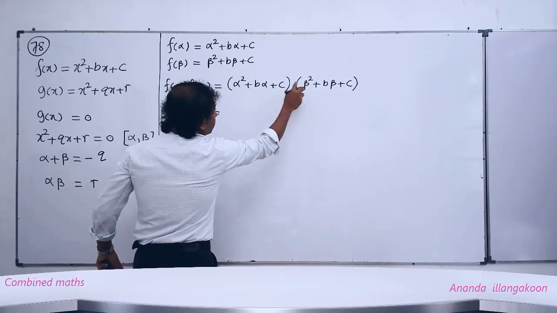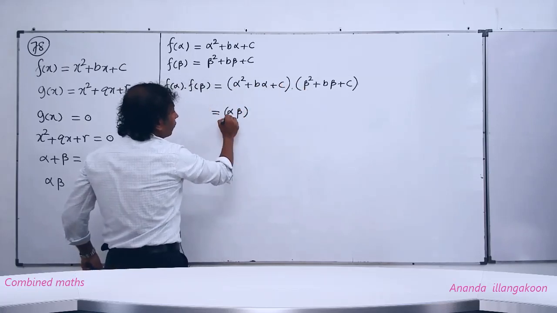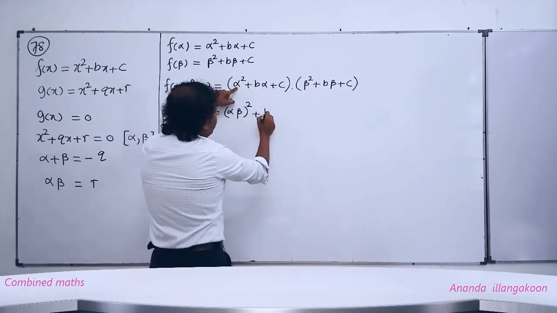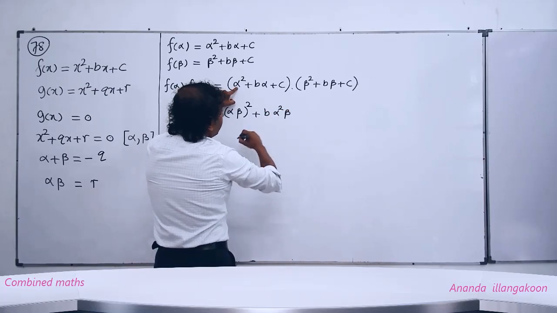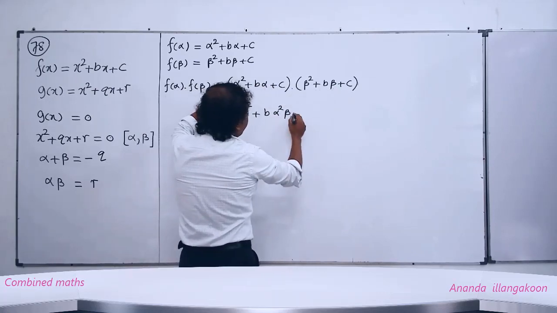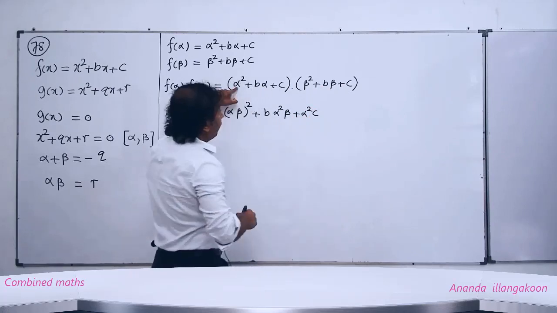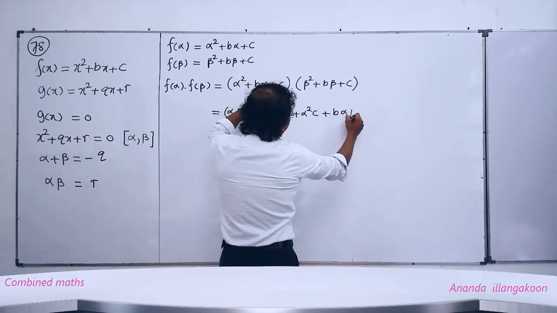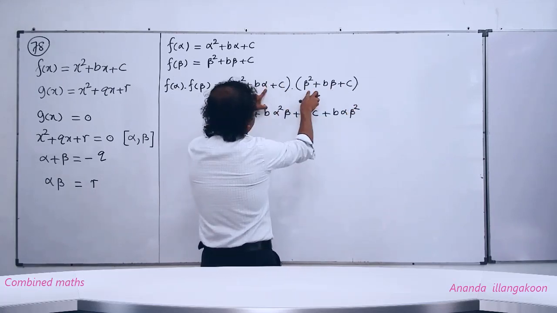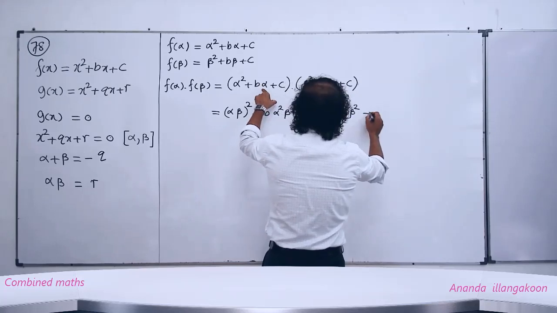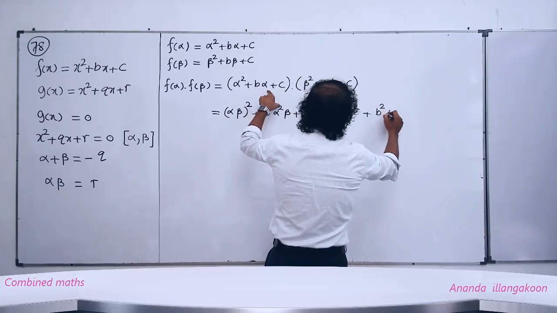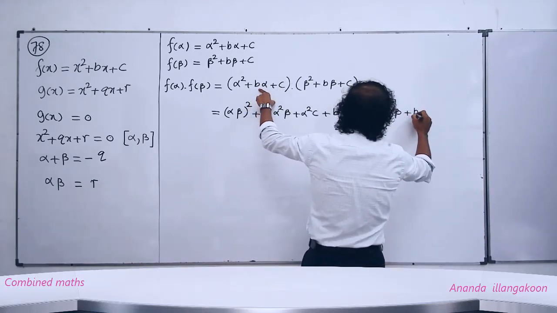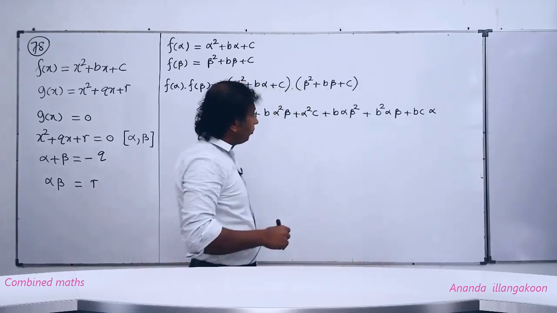Alpha squared beta squared, which is alpha beta whole squared. Then b alpha squared beta, and alpha squared c. Then b alpha beta squared, and b squared alpha beta, and bc alpha.